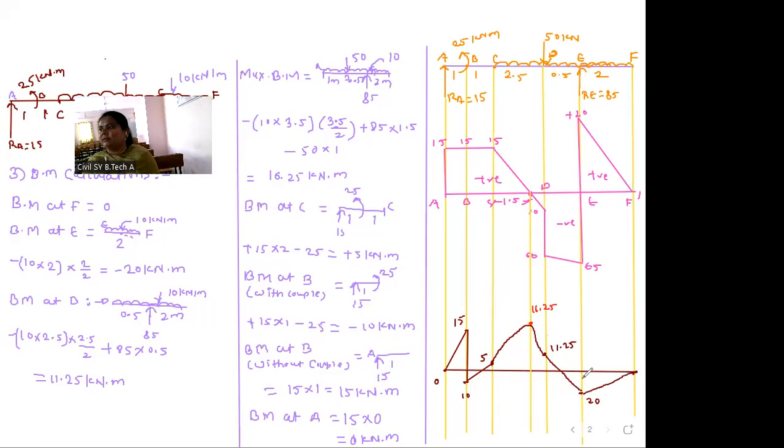Okay, so this is the bending moment diagram. This is negative, this is positive, this is again negative, and this is positive. This is the bending moment diagram. Please write down fast. So we will take the next theoretical point.